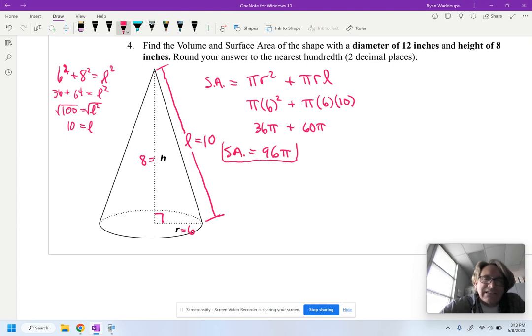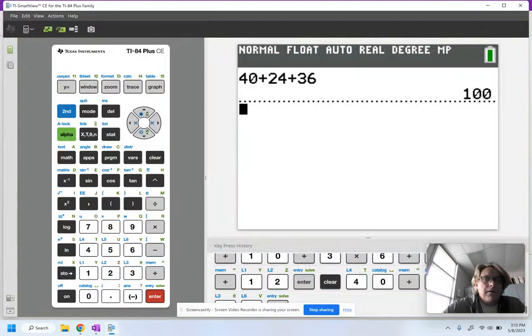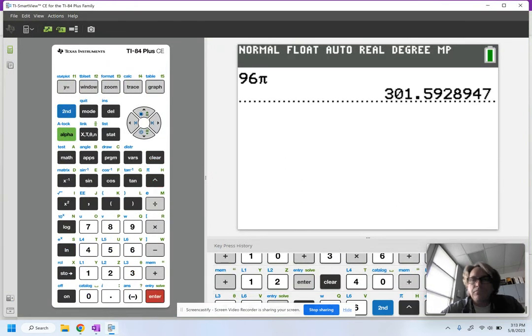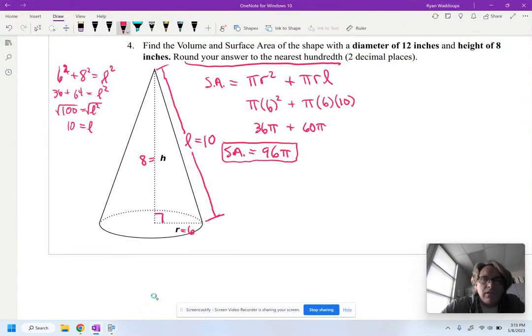And that is the exact answer, but we are being asked to round our answer to the nearest hundredth. So then we can just take that 96 pi and put it in our calculator. 96 pi equals 301.59.